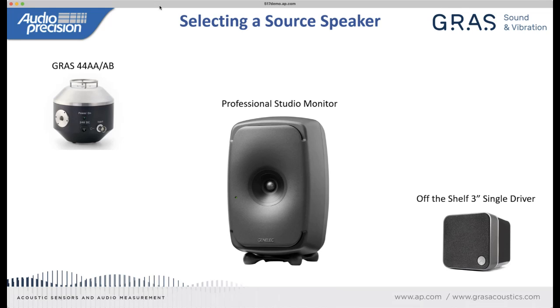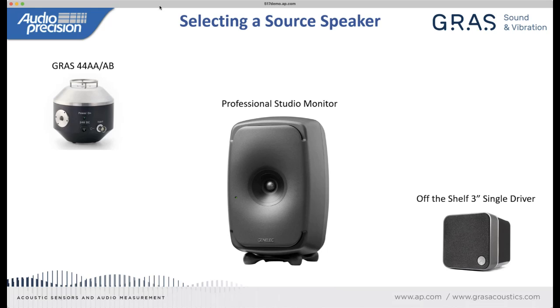Next, let's talk a little bit about our choices for source speakers. I'll start on the left again with using a mouth simulator. In a lot of measurement microphone applications, we want to test systems for voice band signals, which is approximately a few hundred hertz, maybe as low as 200 hertz, to maybe 8 or 10 kilohertz.